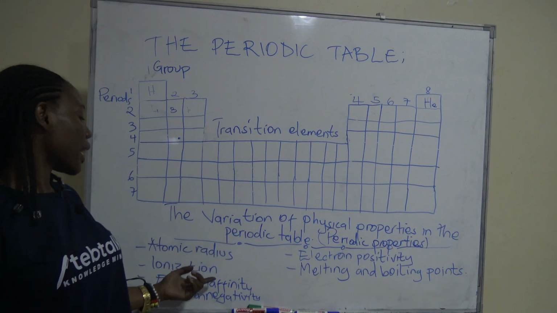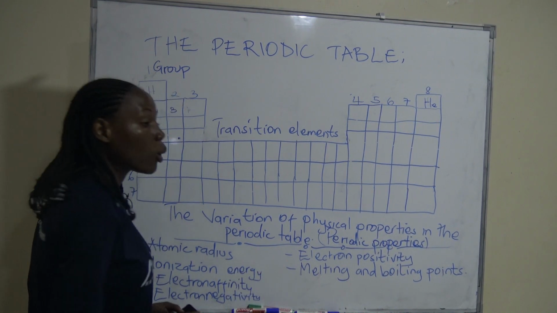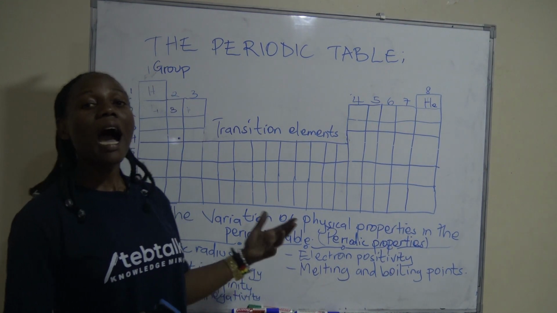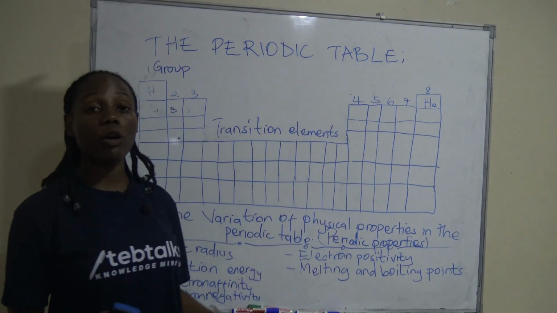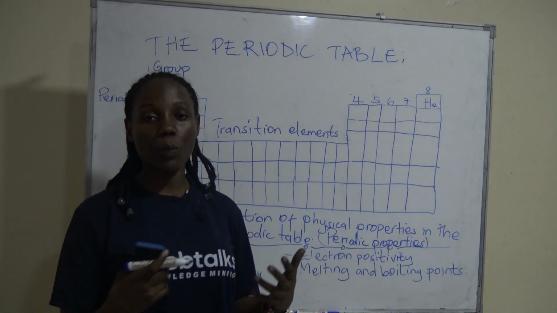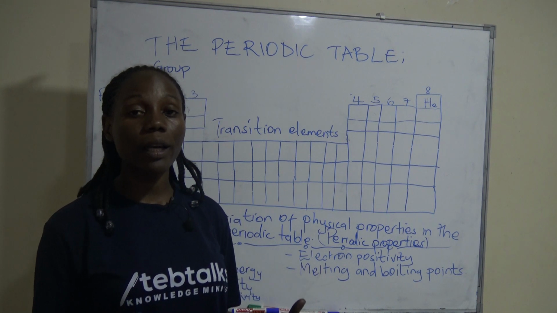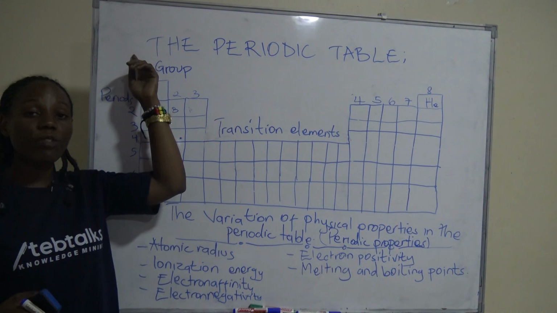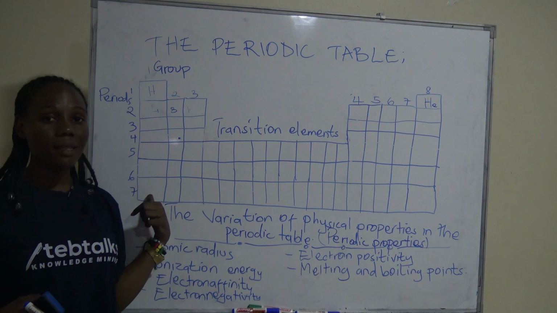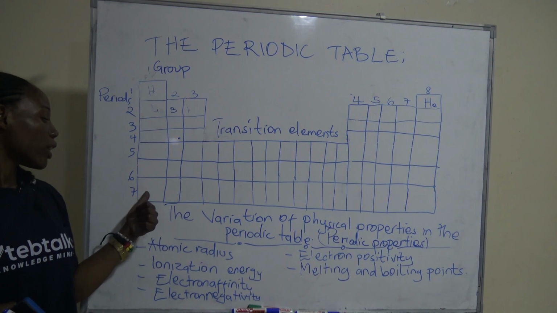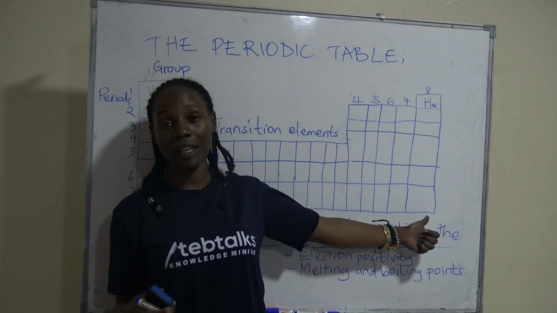We will see how electropositivity, electronegativity, and the boiling and melting points vary as we move from the element that is at the top in the group to the element that is last in the group. And what about the element that is first in the period and the element that is last in the period?